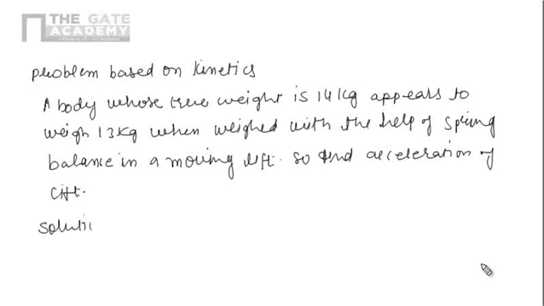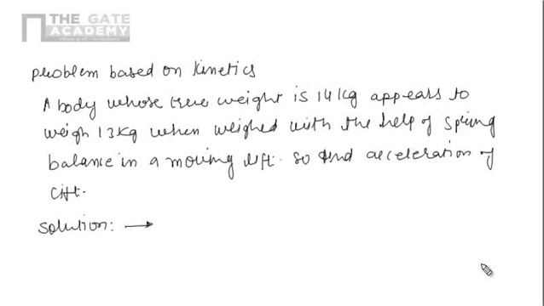Remember one thing: whenever there is a loss of weight, meaning the apparent weight will be less than the actual weight in a moving lift, it is possible only when the lift moves in a downward direction. So remember this always: whenever the lift moves in a downward direction, the apparent weight will be less than the true weight if we measure with a spring balance.